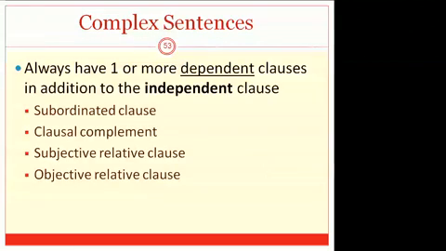The important and key component of complex sentence structure is that complex sentences will always have one or more dependent clauses in addition to the independent clause. Dependent clauses will take one of four forms. Those dependent clauses might be a subordinated clause, a clausal complement, a subjective relative clause, or an objective relative clause.